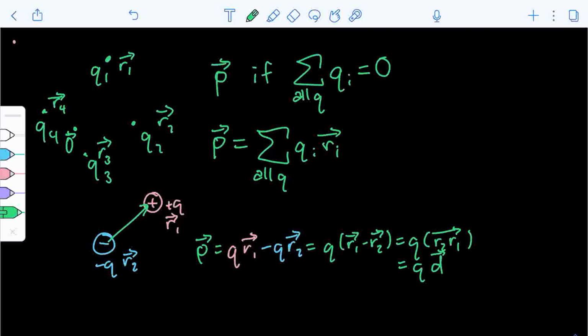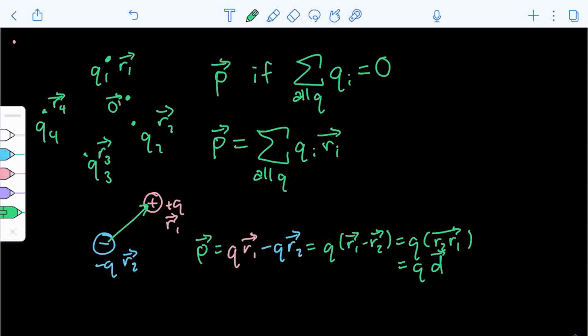So let's show that really quickly. Let's say you wanted to figure out what the dipole moment is, and let's say our origin, instead of being at 0, was instead at some other location. Let's say our origin of choice, which I'll denote O prime, was here or something.